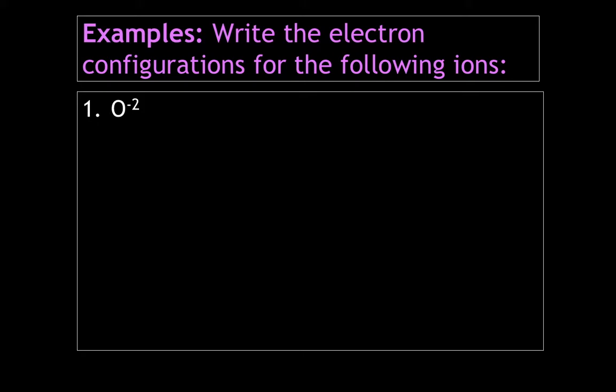So we're going to write electron configurations not just with neutral atoms, but with ions now, okay? So I'm just going to flip this paper. Electron configuration for ions. All right, so it looks like the first one we're doing is oxygen.